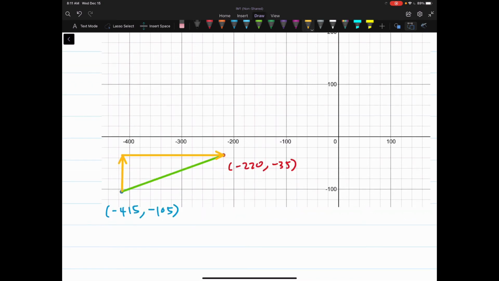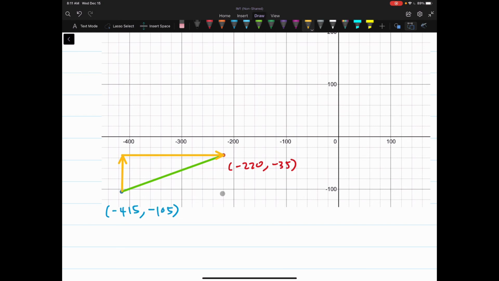And voila. Okay, so let's find this length. We can't necessarily count because it's so crazy. But if we look at this number here, 105 to 35, I can actually find the length of these two lines. The y-coordinate is at negative 105, and it's going to be at negative 35.